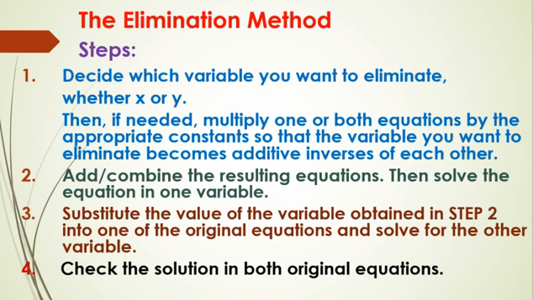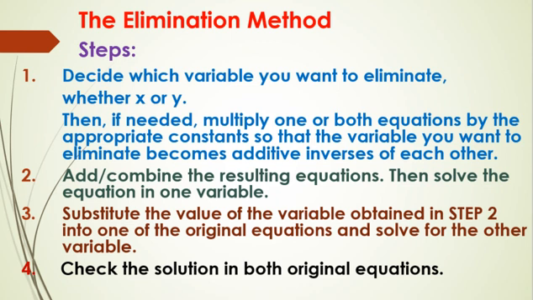In step 1, you will decide kung anong variable ang gusto mong tanggalin, kung x ba or y. Say for example, ang gusto mo munang matanggal ay x. So gagawa ka ng paraan na yung mga numerical coefficients ng mga variables na x ay magiging opposite para maging 0 siya o matanggal.